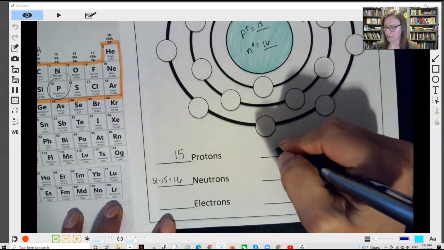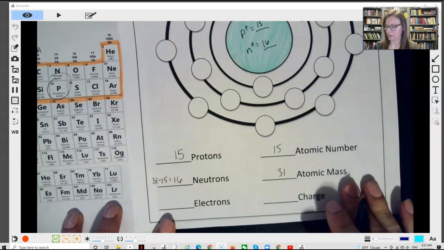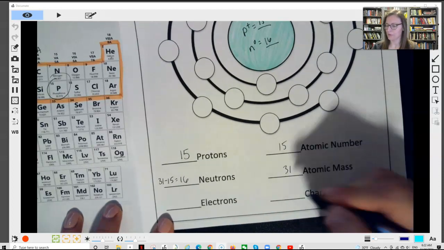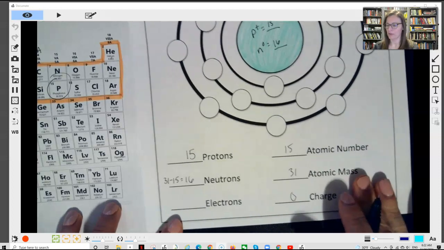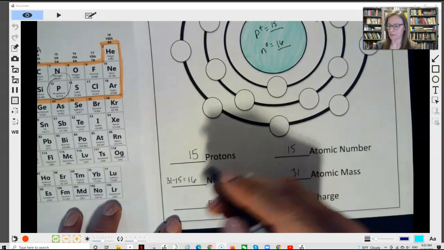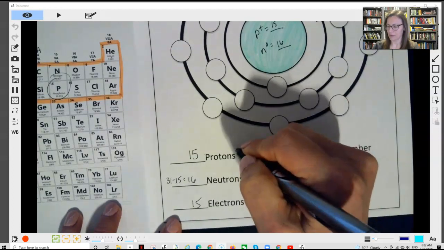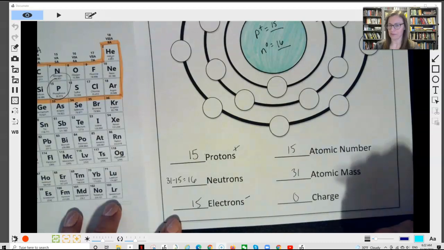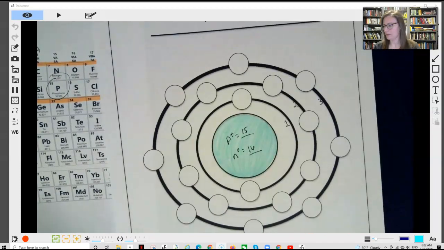Oh, I should have done this too. All right, so dealing with neutral atoms, the charge is going to be 0, right? Overall charge is 0. That means I have to have the same number of protons and electrons because these are positive and these are negative, right? So now I have to come in here and I have to fill in 15 electrons.